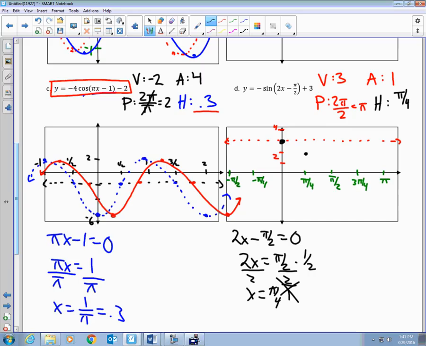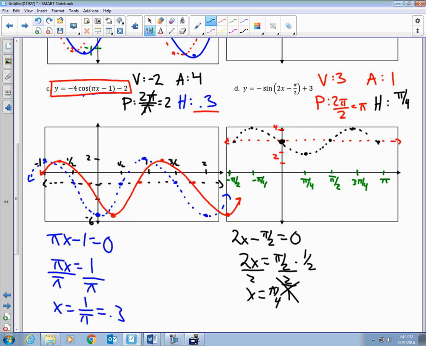We'll have to go back up to the maximum value. Maybe I should just make a dotted graph.